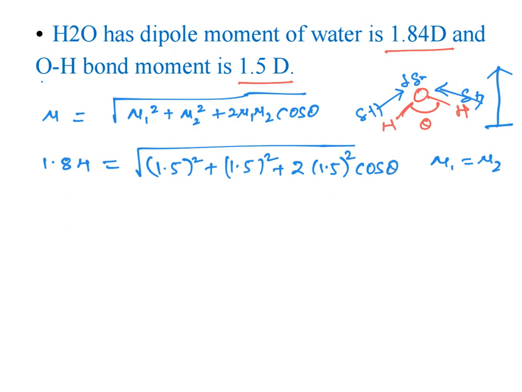On simplification of this, we get theta value approximately equal to 104.5 degrees. By knowing the dipole moment and bond moments, we can calculate the bond angle in the molecule. So the bond angle between OH and OH is 104 degrees 5 minutes.